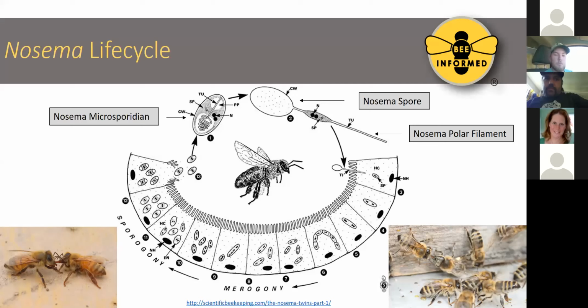It releases the reproductive organism there, and those cells begin to replicate until that cell is just so full it breaks. Those Nosema cells are released, and they go and infect other bees inside the hive.